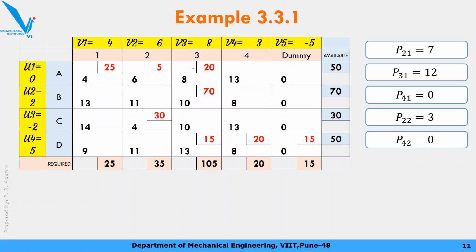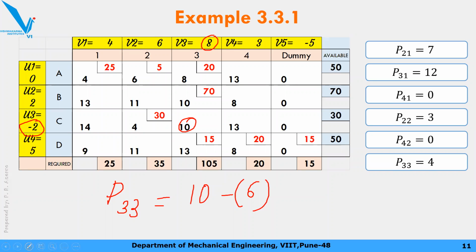Next, we'll calculate it for this unoccupied cell. The penalty at row number 3, column number 3, P33, is equal to the cost, 10, minus the summation of U and V. U is minus 2, V is 8, so the sum is 6. So 10 minus 6, 4.